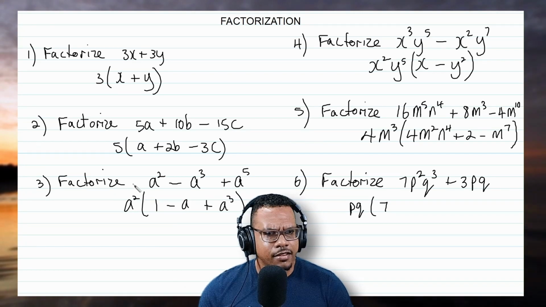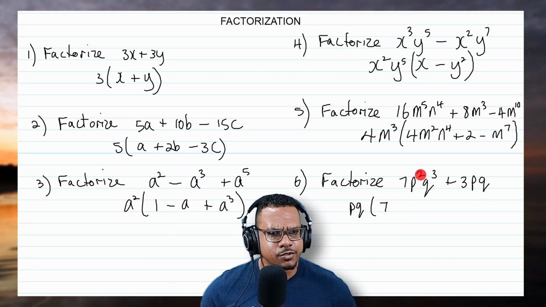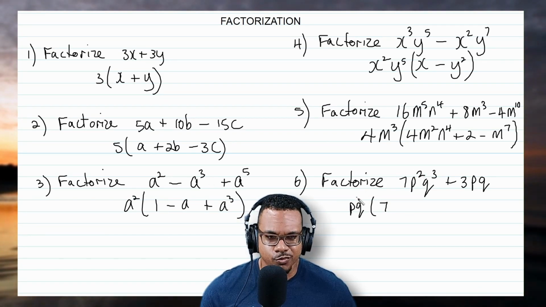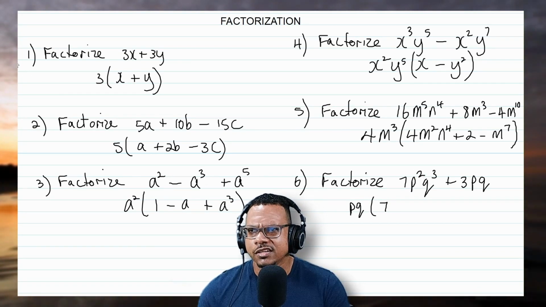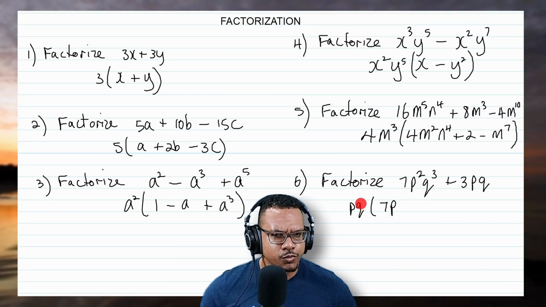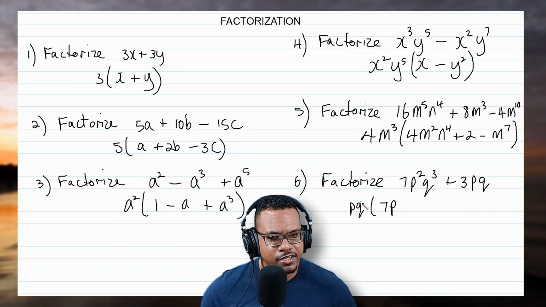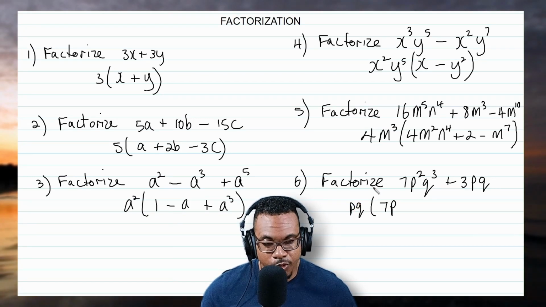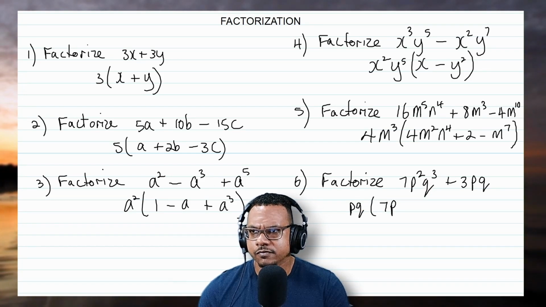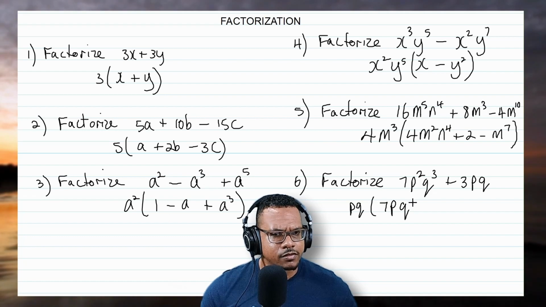And then p into p squared, again subtract the powers. 2 take away 1 is just 1, so we get p to the power 1, which is just p. And same thing here, q into q to the power 3. 3 take away 1, because q is q to the power 1, is 2, so q into q cubed is q squared.